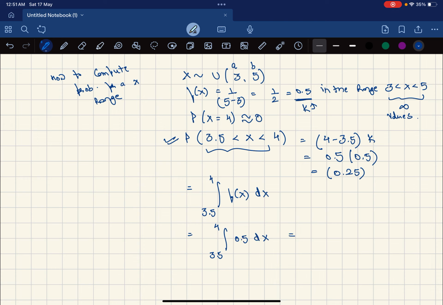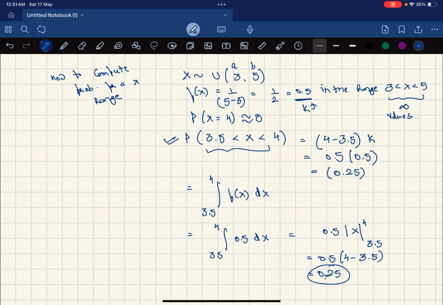Now the integral of a constant is simply the constant times the variable, which is x here, and we put the limits from 3.5 to 4, which means 0.5 times (4 minus 3.5), which comes out to be 0.25. So you don't have to really worry about how we are getting the integral of 0.5.